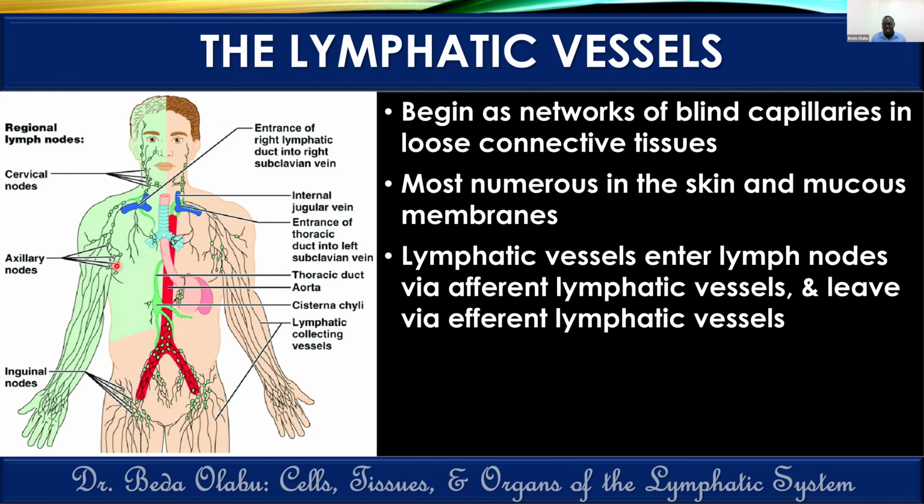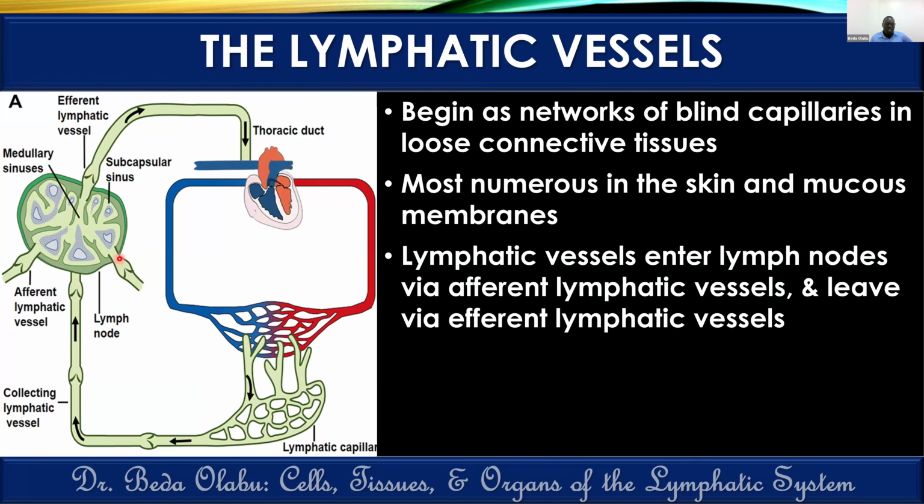The vessel that enters the lymph node is called the afferent lymphatic vessel to that lymph node, and the one exiting is called the efferent lymphatic vessel. Of course, when they pass through a lymph node, it means that we want the lymph node to filter what is within this particular lymphatic vessel. So for example, here, let's consider this to be the systemic circulation, where the lymphatic vessels have now picked lymph from the tissues, goes back to at some point their lymph node intervening.